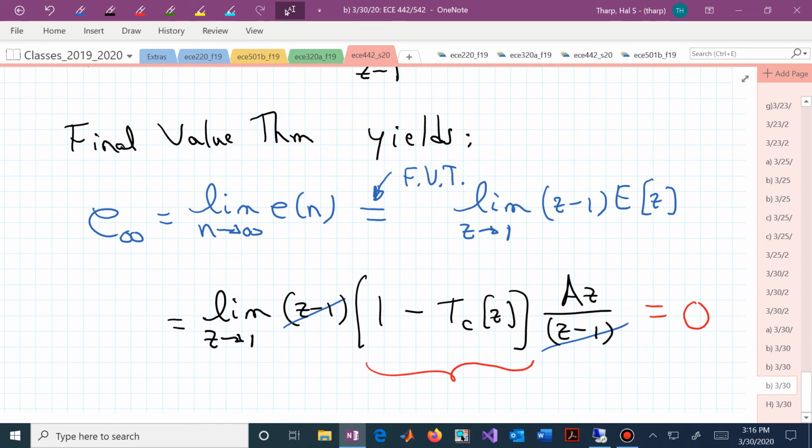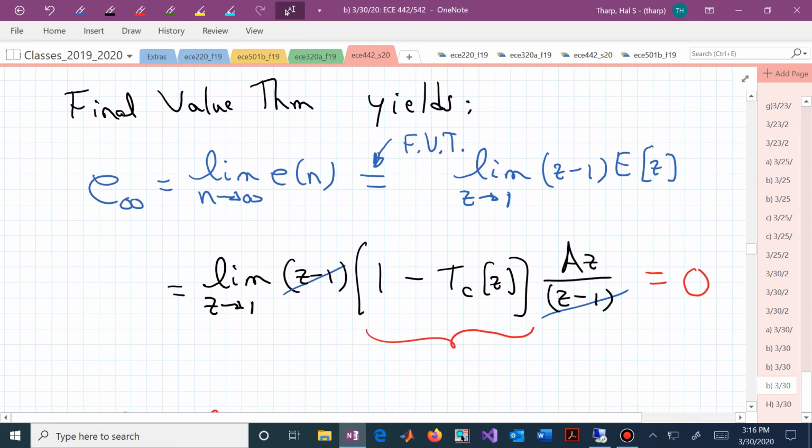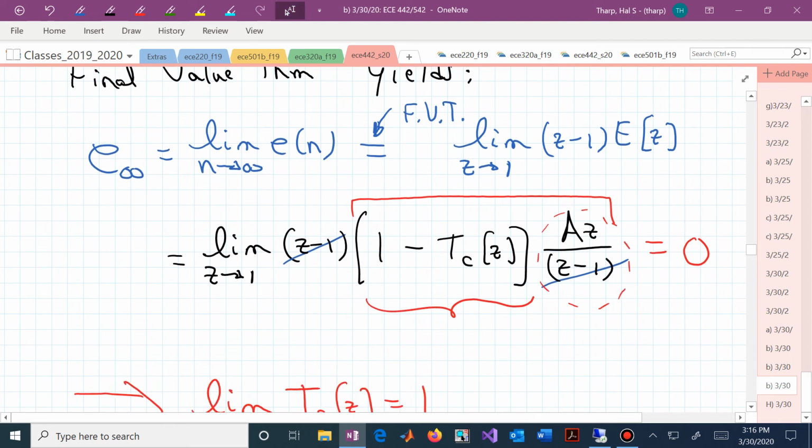So we plug that in, and we have the limit as z goes to 1 of this factor z minus 1 times the error signal, which is 1 minus T sub C times R. But you can see that R possesses a pole factor equaling z minus 1. That now cancels the z minus 1 factor in front.